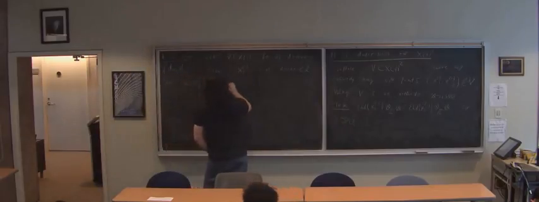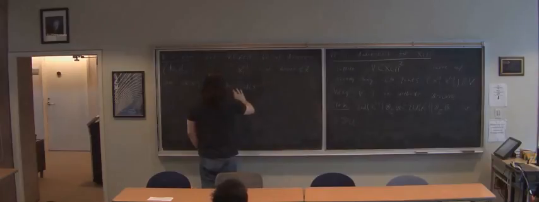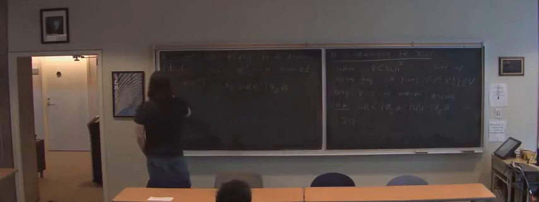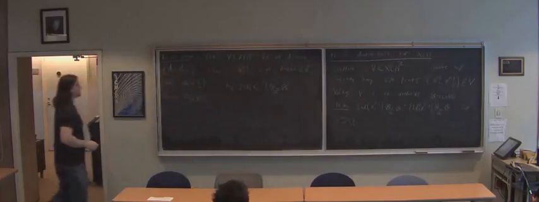Okay, so now let K1 and K2 be the fields we're talking about, and assume K1 is not the same as K2. They're actually two different quadratic fields.